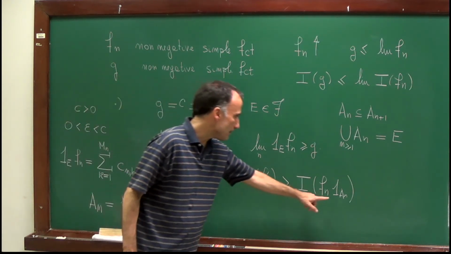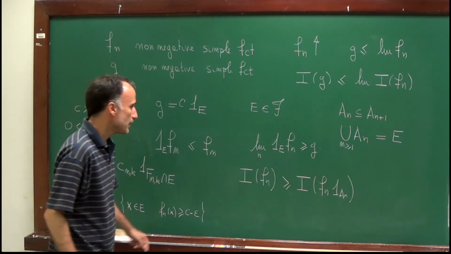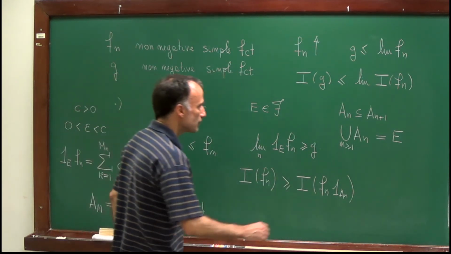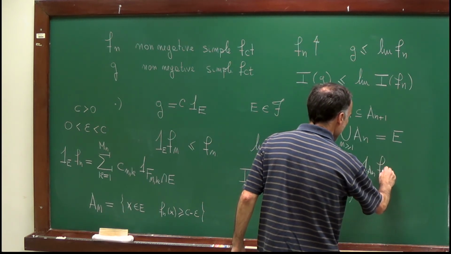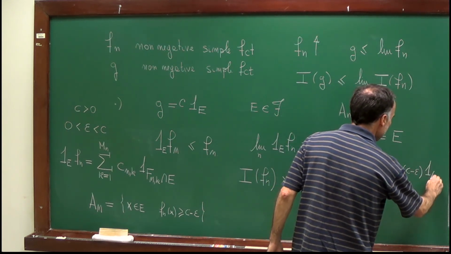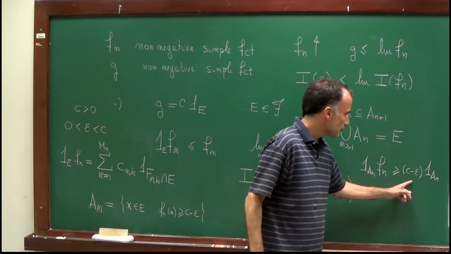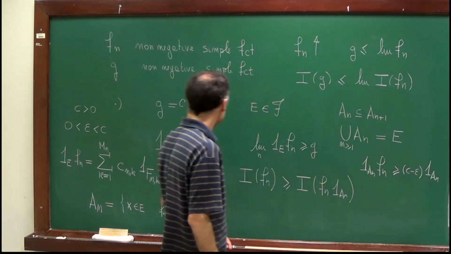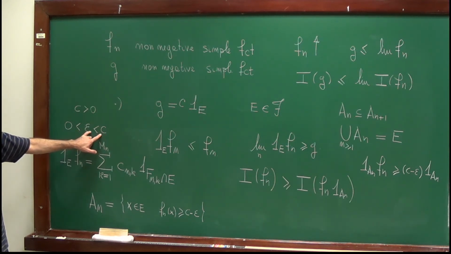Now on the set A_n, f_n is larger than c minus epsilon. Well, let me write it here. On the set A_n, f_n is larger than c minus epsilon times the indicator of A_n. This is a non-negative simple function because epsilon was chosen between 0 and c. So c minus epsilon is strictly positive.